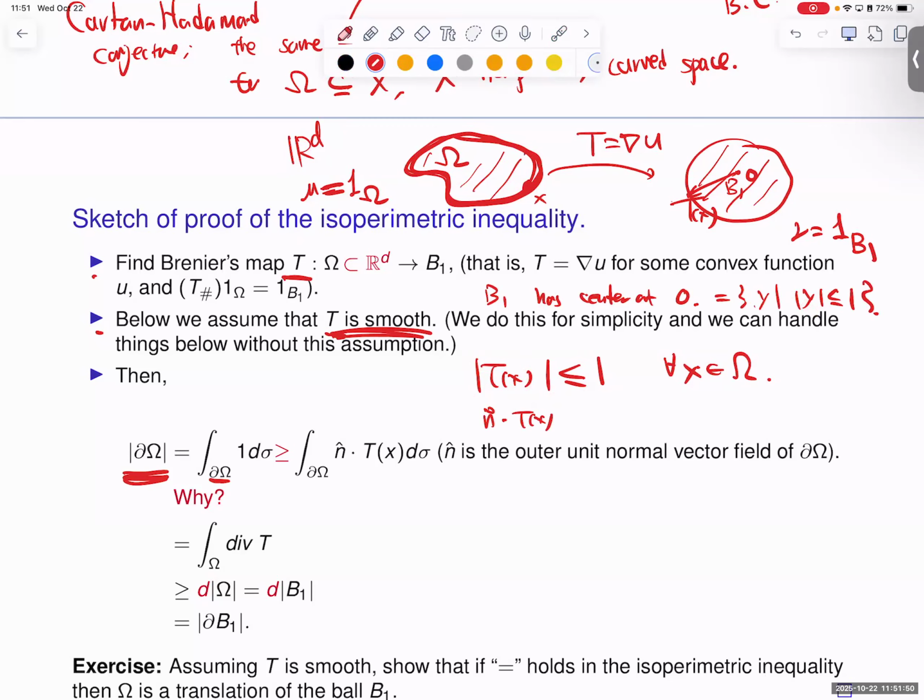So what is n? n is the outer normal vector of the surface. So in particular, n is a unit vector. So you have a unit vector and a vector whose norm is less than or equal to 1, so this dot product is always less than or equal to 1. Okay?